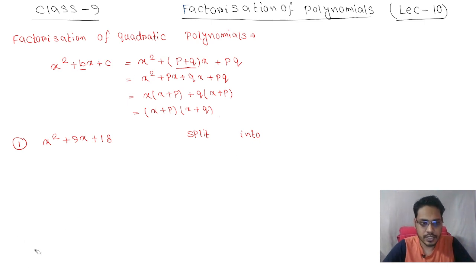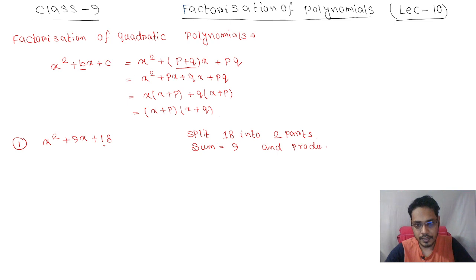First, we need to split this constant 18 into two parts, so that the sum of the two parts is 9 and the product will be 18.